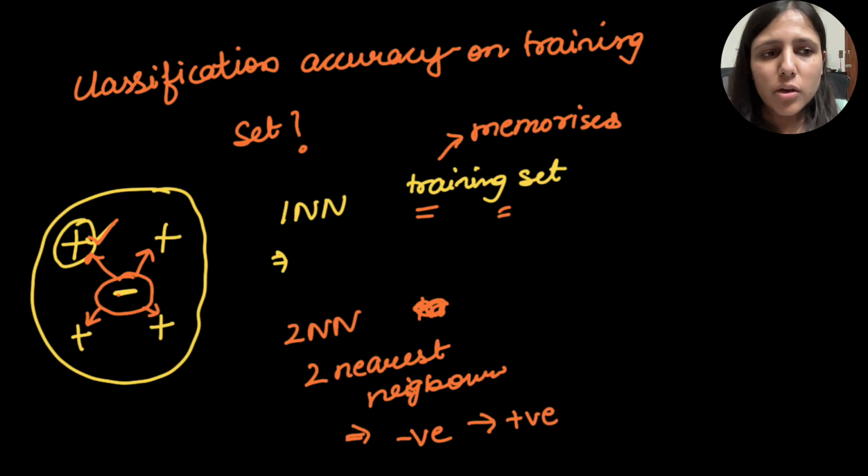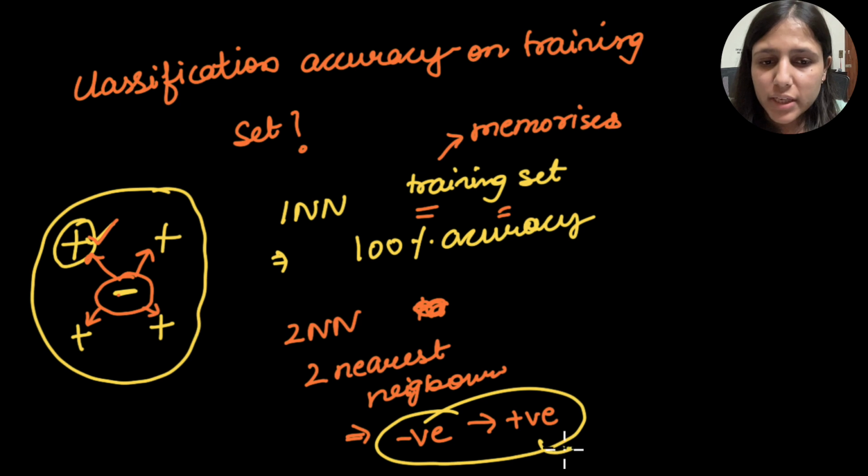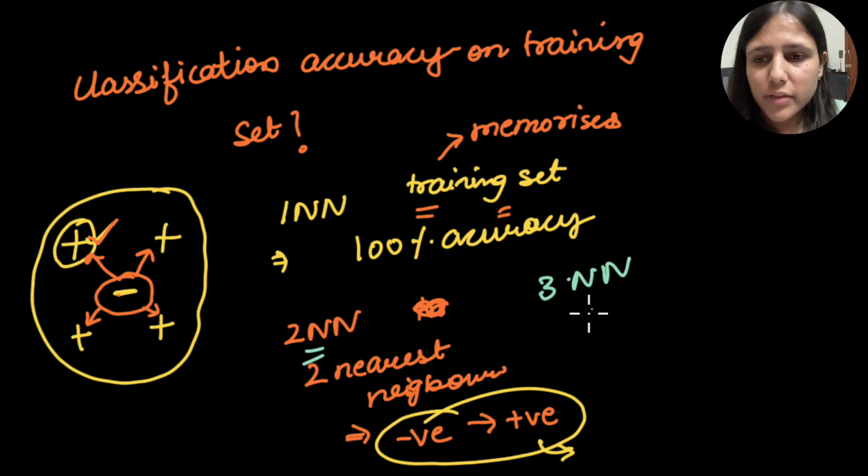So we contradicted that: 1NN had 100% accuracy, but in 2NN we can clearly see that one of the points is getting misclassified. Let's do a 3NN as well, because I said that we usually don't take 2NN or an even number of NNs. Let's take 3NN. I'll do it on the next slide.